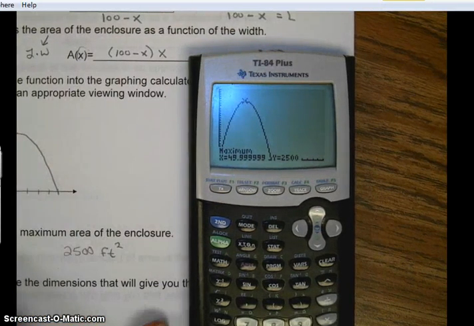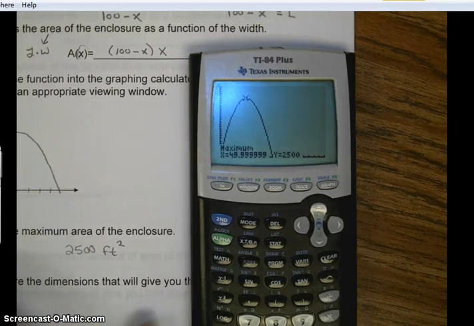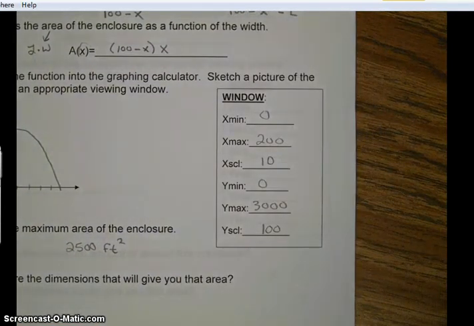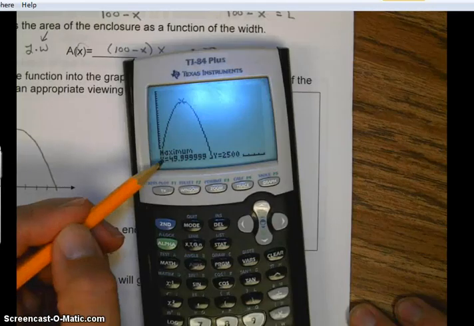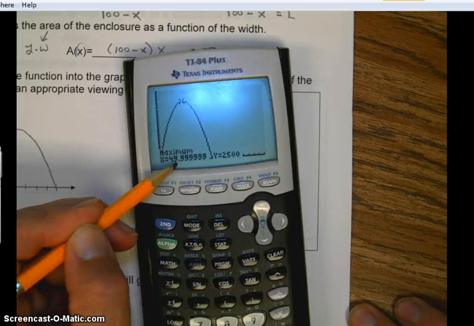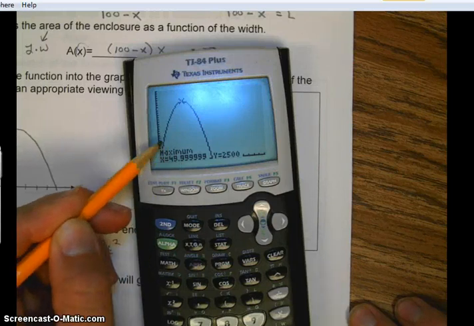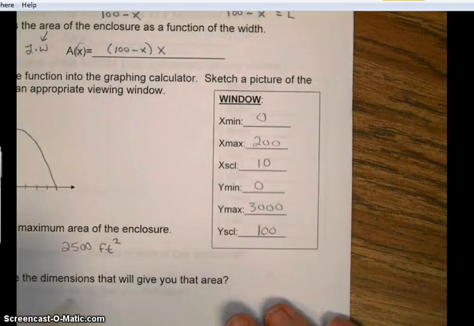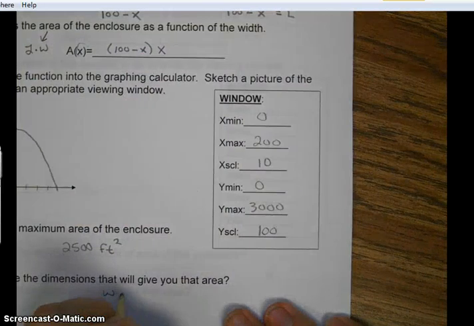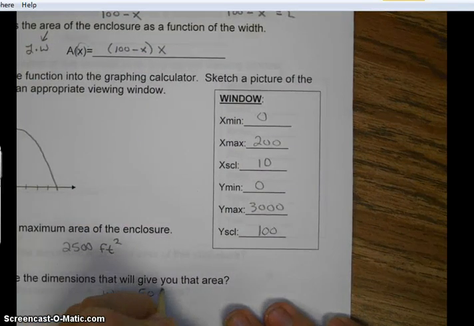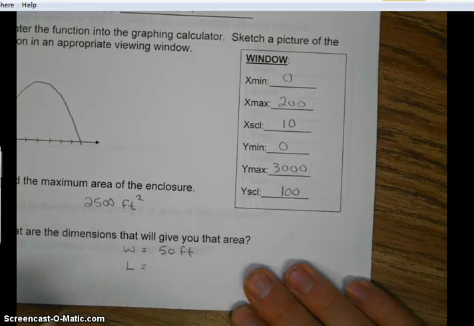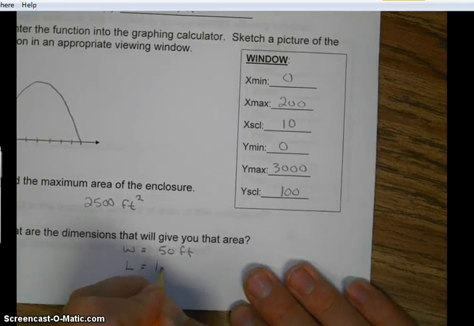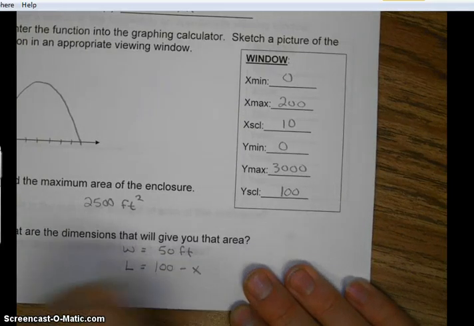Okay? And then it says what are the dimensions that will give you that area? Well, we know that x, remember x represents the width. So we know that the width is 50. And then we're just to find the length. It's going to be 100 minus x.